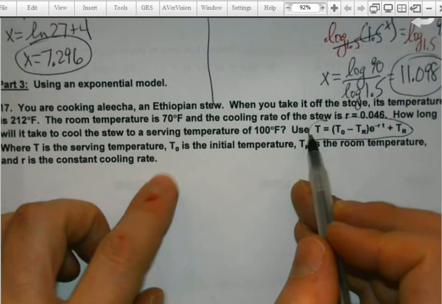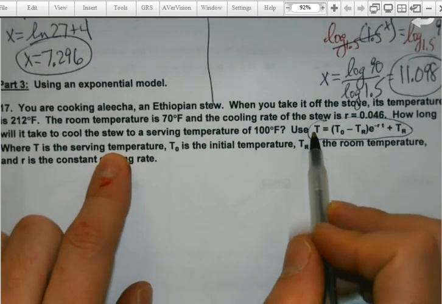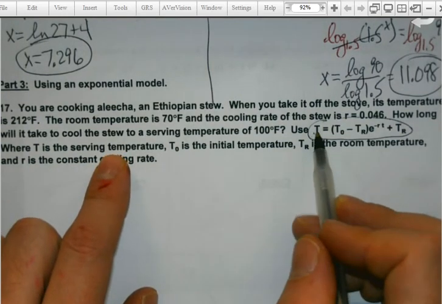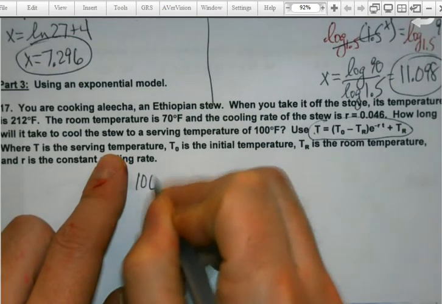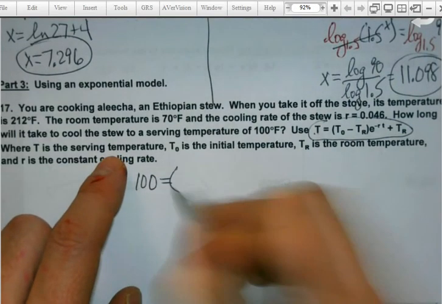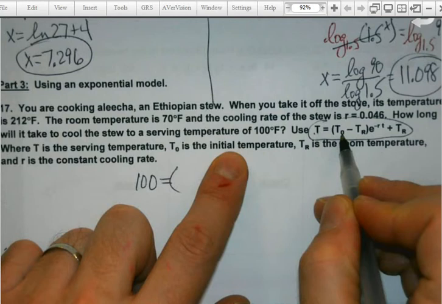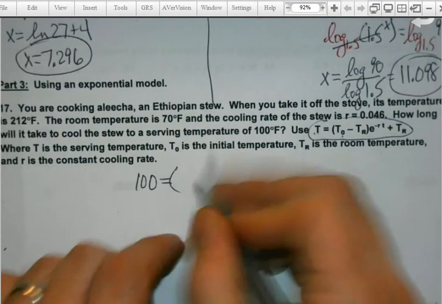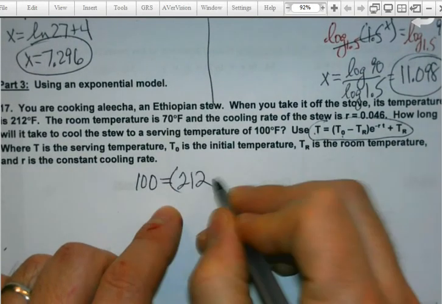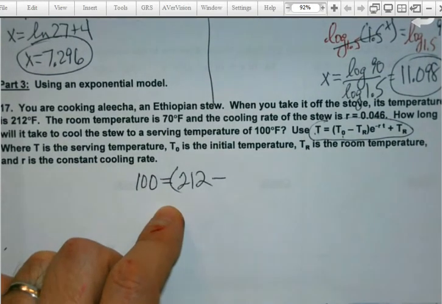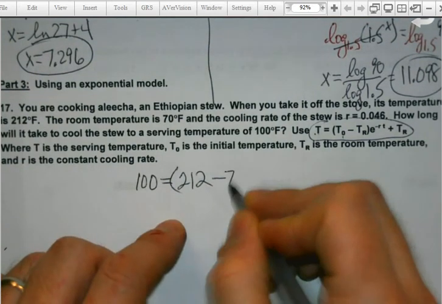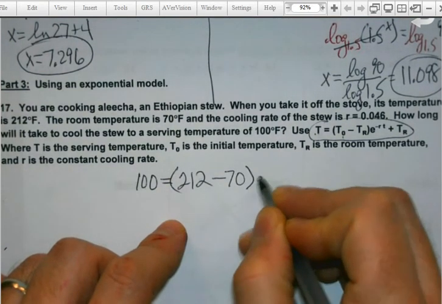So, okay. T is the serving temperature. How hot is it going to be when we serve it? 100. Okay, so 100 equals T sub O is the initial temperature. How much was it? This 212. Minus, my room temperature is 70. See how smoothly this is going?